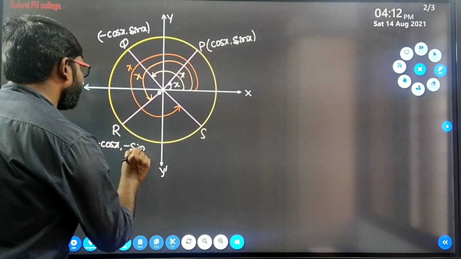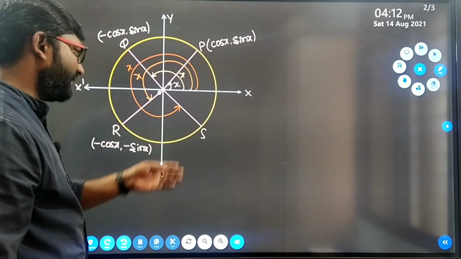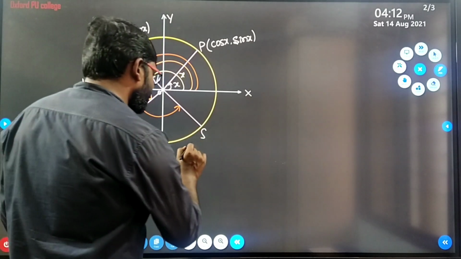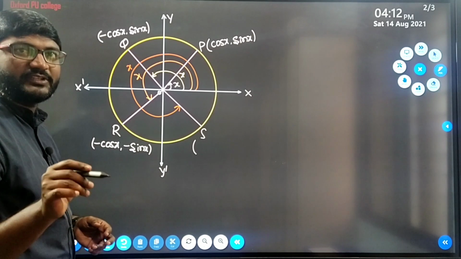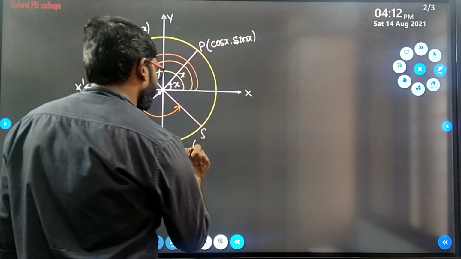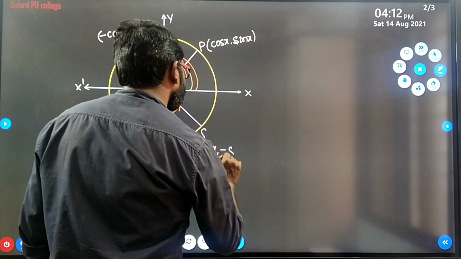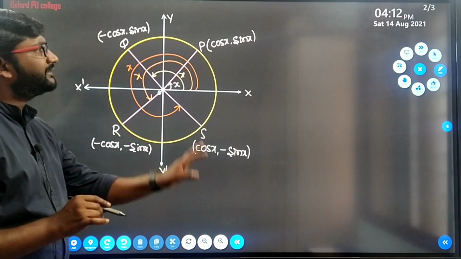These are the coordinates of the point R. Then the coordinates of the point S. The point S is in the fourth quadrant, where x must be positive and y must be negative: cos x comma minus sin x. So this is regarding the diagram.